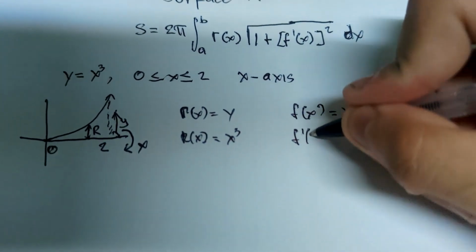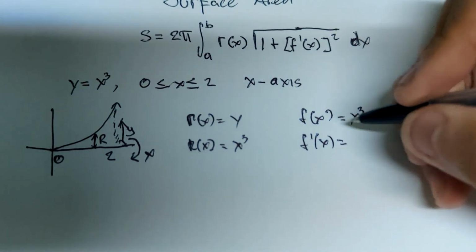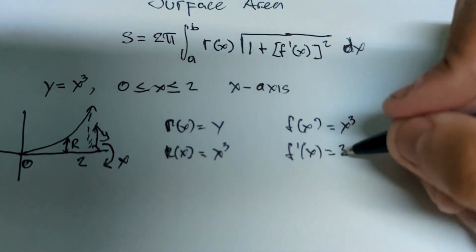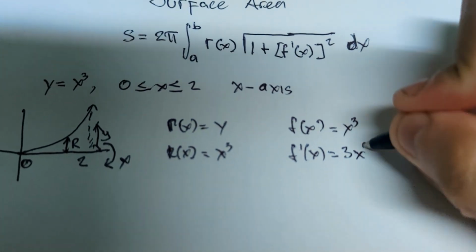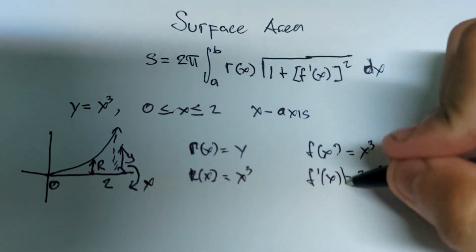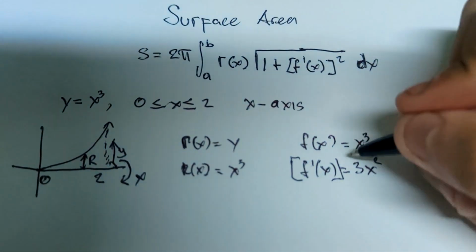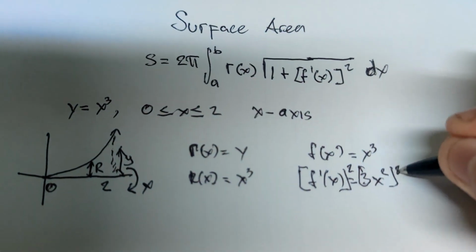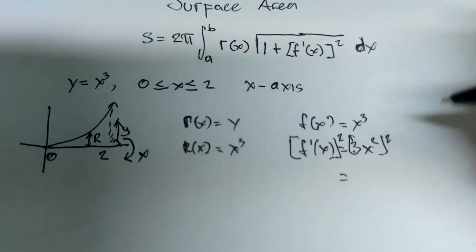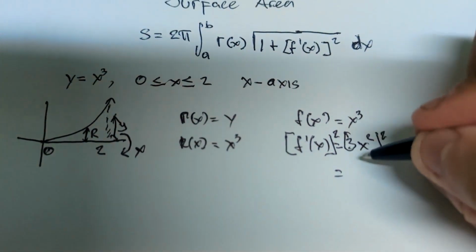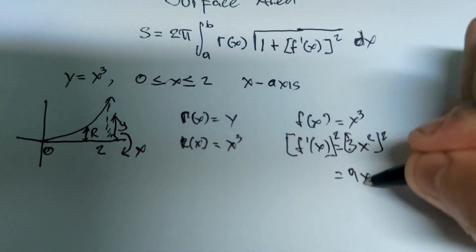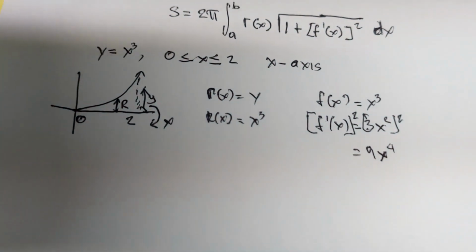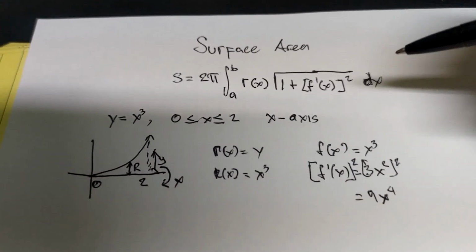F prime of x is just 3x squared. So what we're going to do is square both sides. The square of 3x squared is just 9x raised to 4. So now we can substitute this into our formula here.